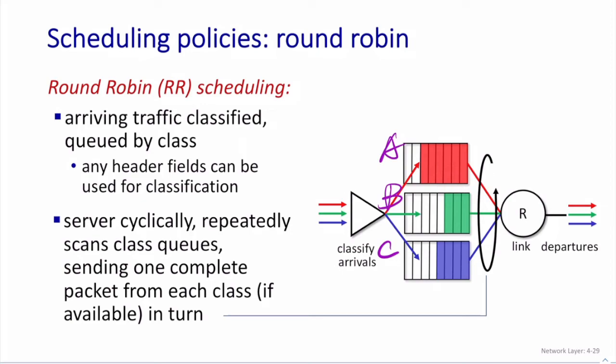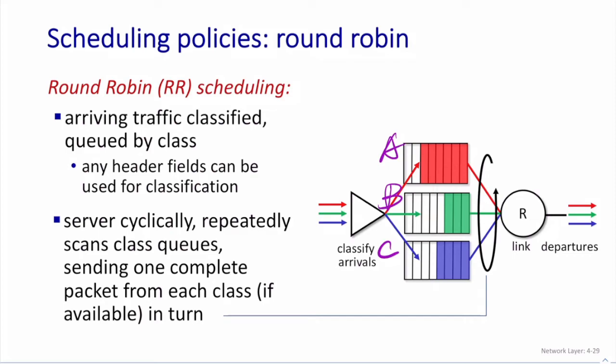So ideally, the amount of packets in red, green, and purple will be evenly delivered. But if there's no green packet, the server simply sends one red, one purple, one red, one purple, something like that.